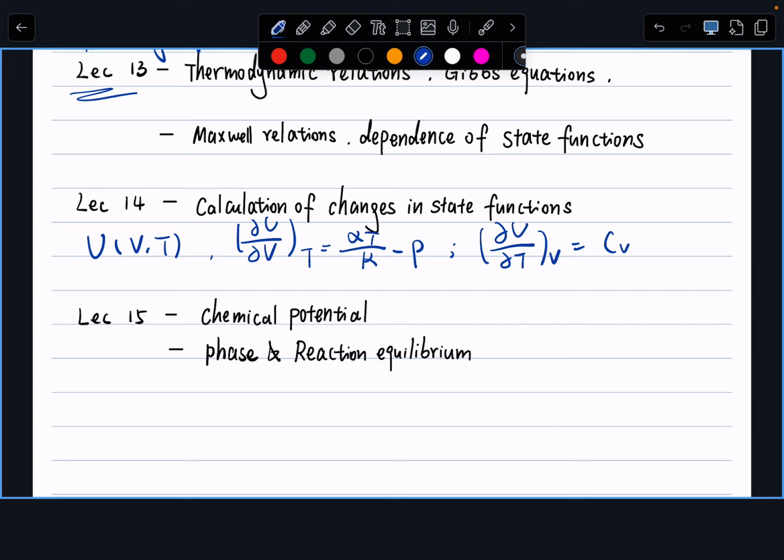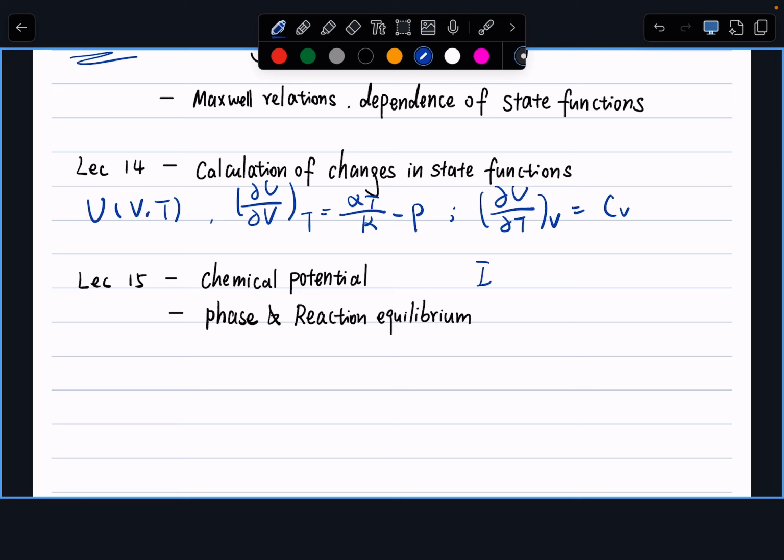All right, so in a case where my initial state is, let's say, T1, V1, and my final state is T2, V2, it's really hard to solve the double integral where both coefficients are changing.